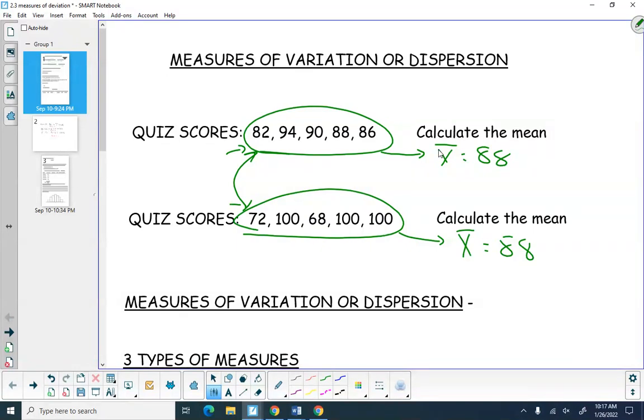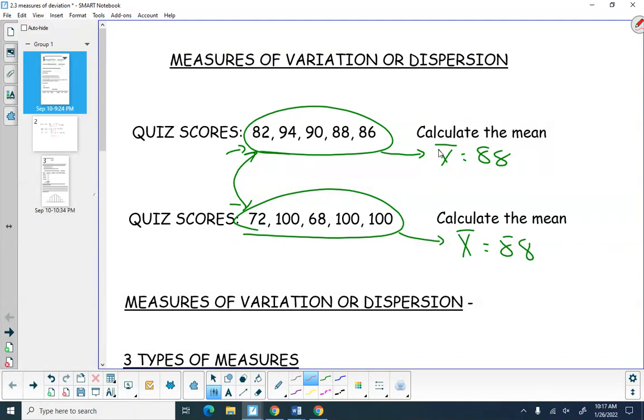And it goes back to the idea of what Grant said, the consistency. The first one was more consistent. The second one is very inconsistent, and it's a wider range of test scores. Well, that's the measure that we're going to discuss and talk about today: how are the data values dispersed?